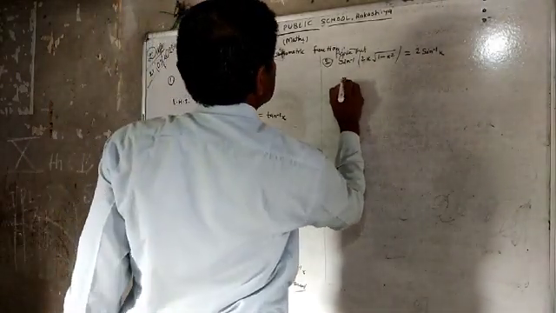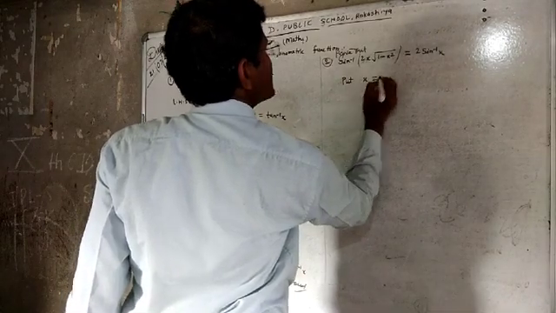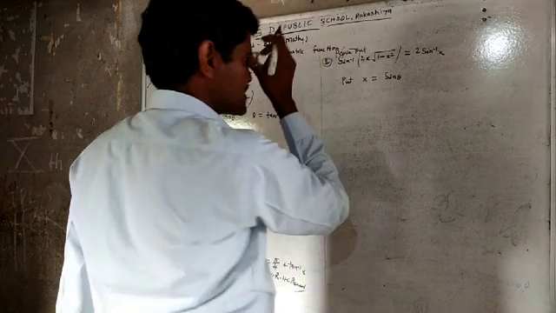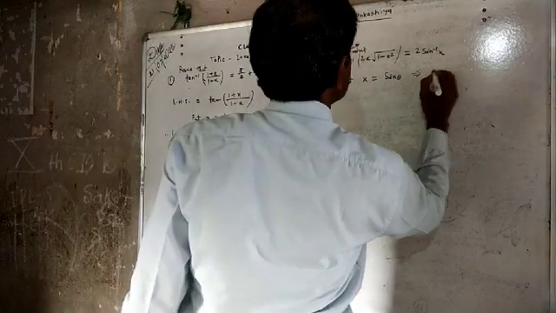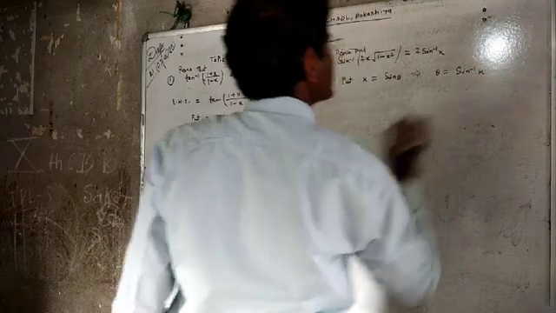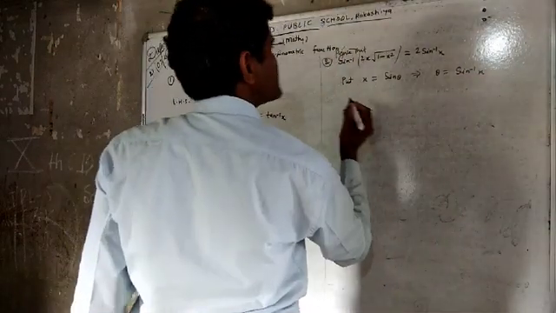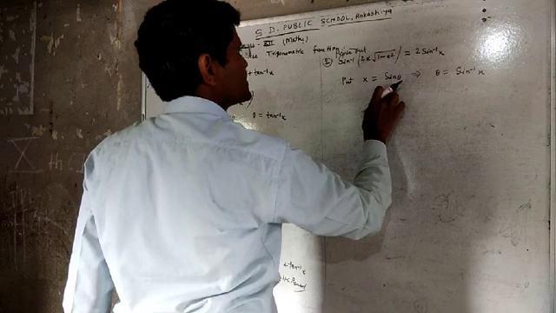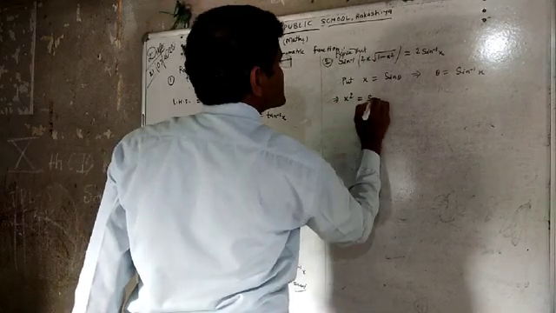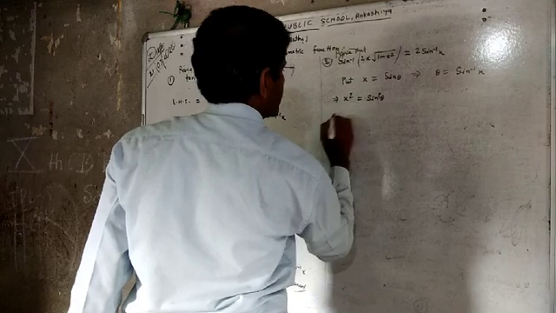Hence, put x equal to sin theta. If x equal to sin theta, this implies x square is equal to sin square theta.